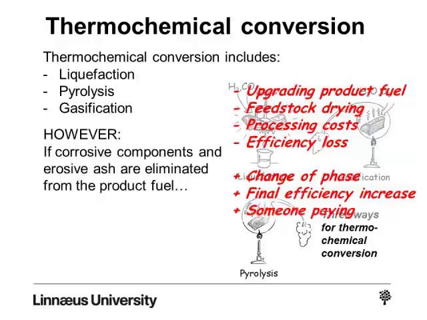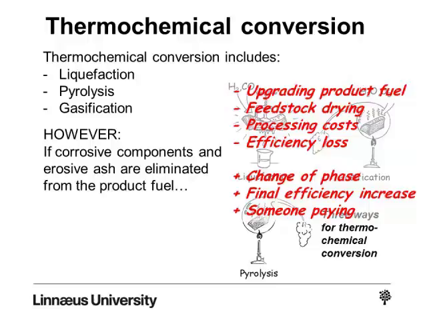if you actually remove corrosive components and erosive ash from the product fuel so that the fuel really becomes pure and clean. Going back to the gas turbine example, if you use wood chips for gas turbine firing, then the gas turbine blades will rapidly be eroded and corroded by the solid particles that are found in the flue gases from wood chips combustion.